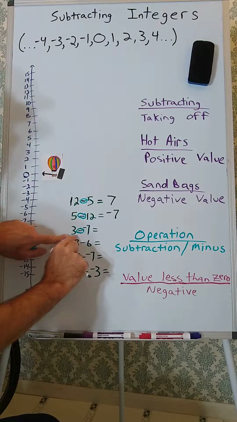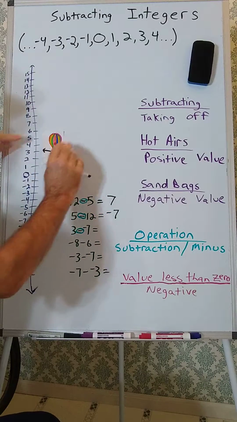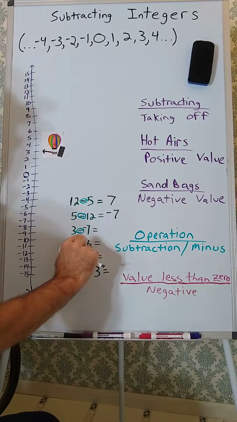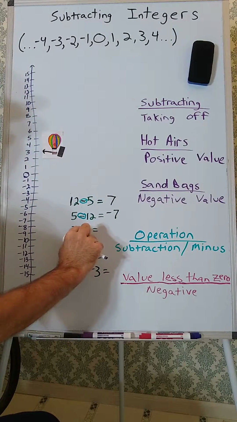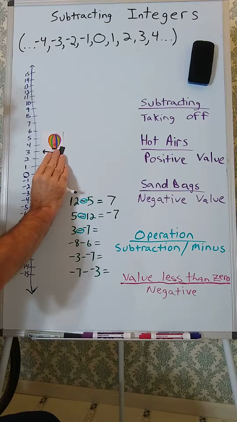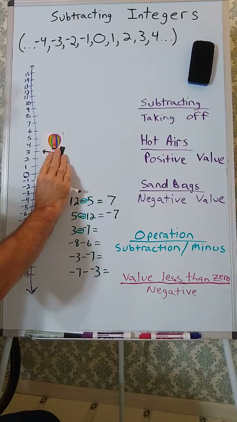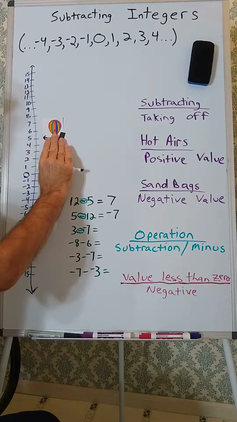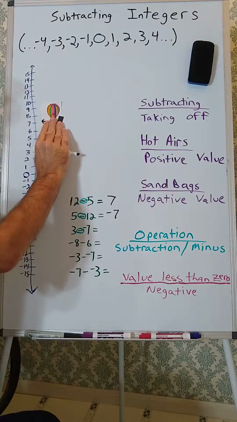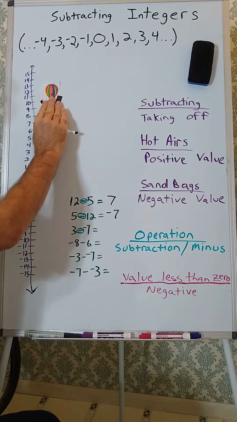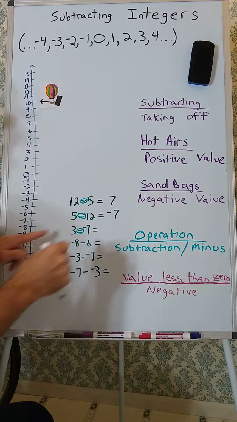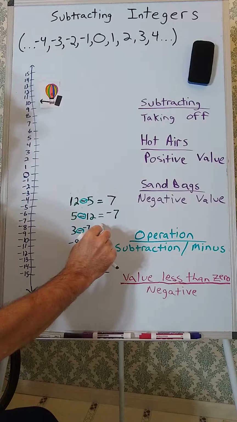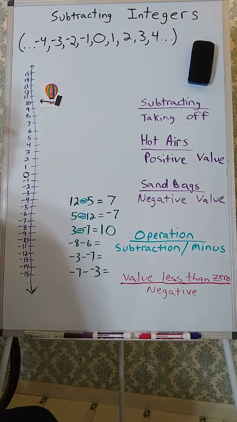So the balloon's going to start at 3, and if we take off 7 sandbags, the balloon's going to get lighter, so it's going to go up 7. 1, 2, 3, 4, 5, 6, 7. So 3 minus negative 7 is 10.